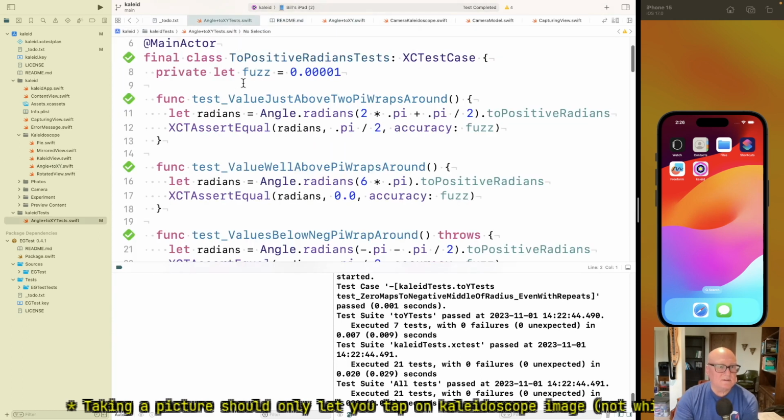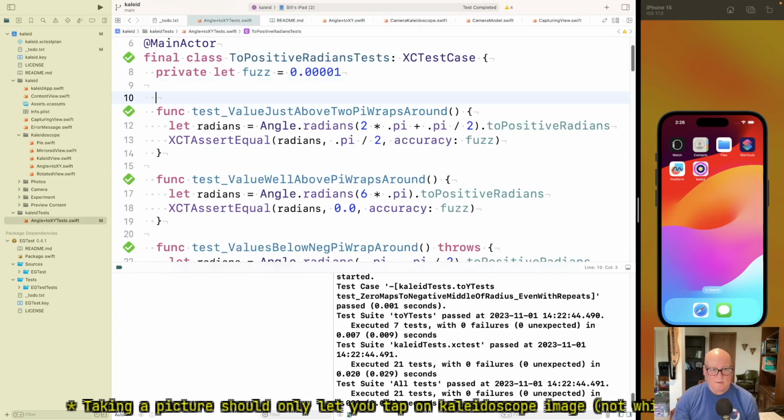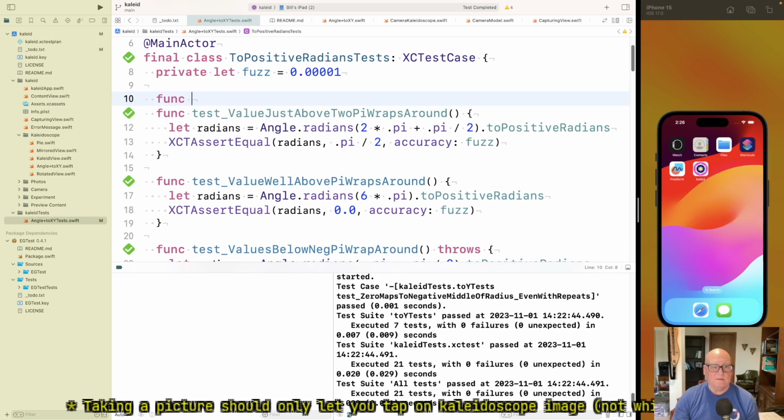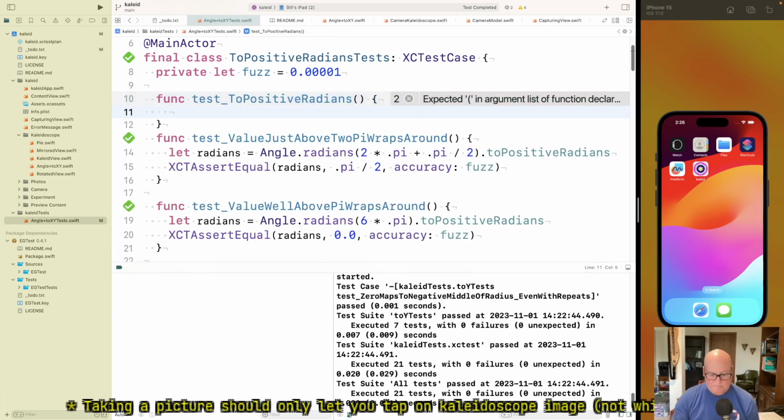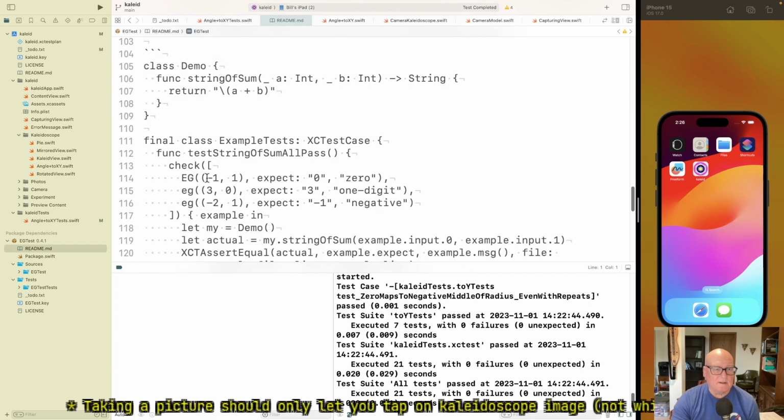Angle tests. Okay, so we'll do function check to positive radians. I guess that's test to positive radians. Okay, and then short-term memory here. Check.